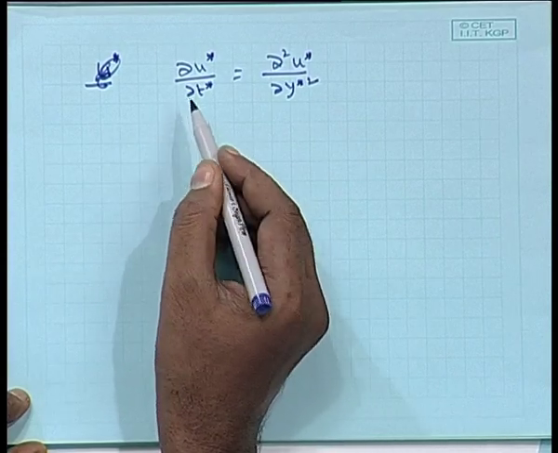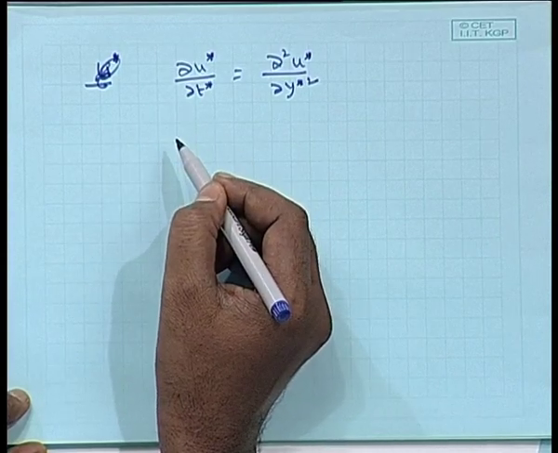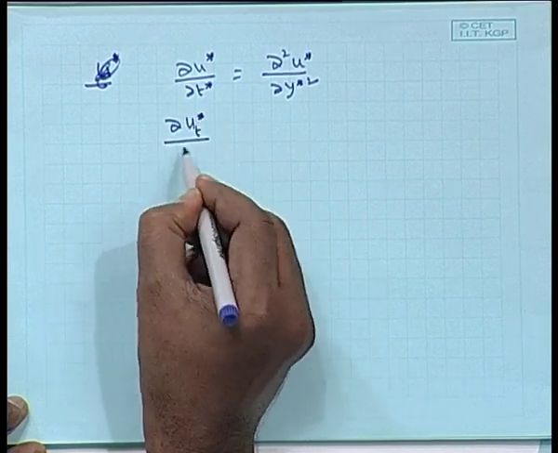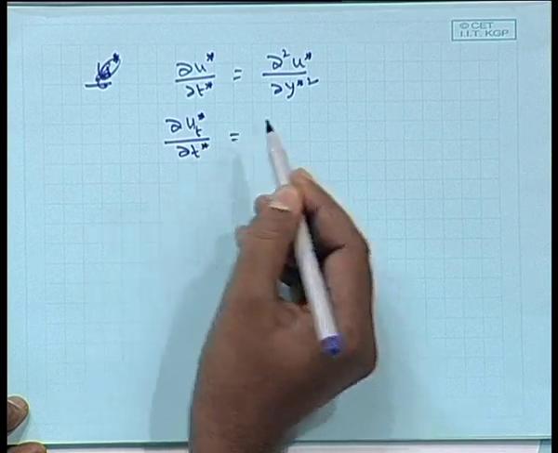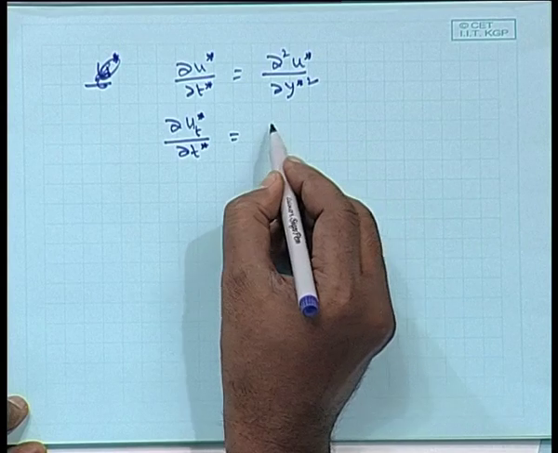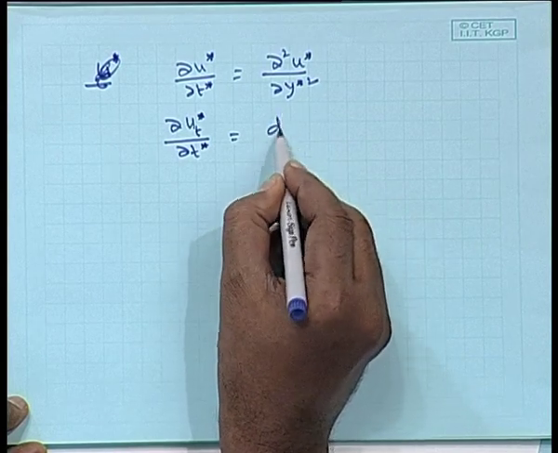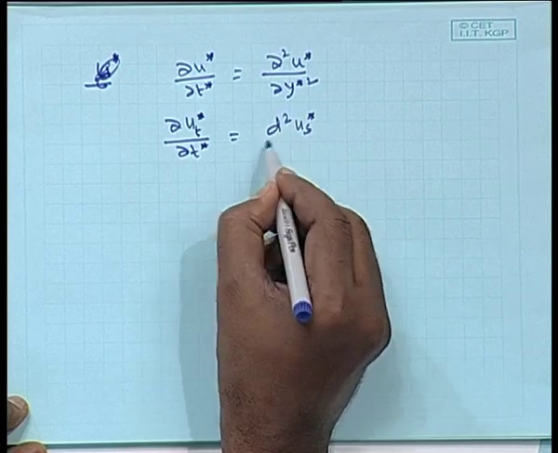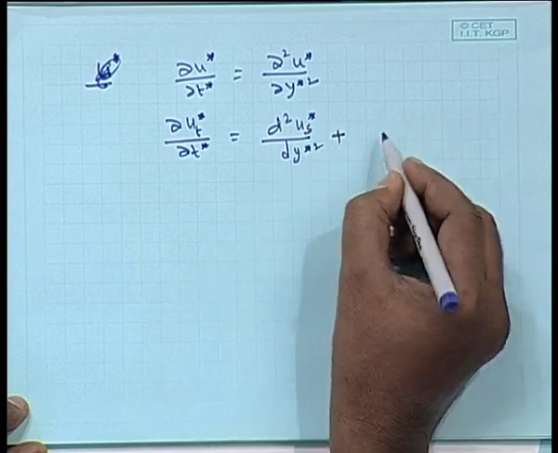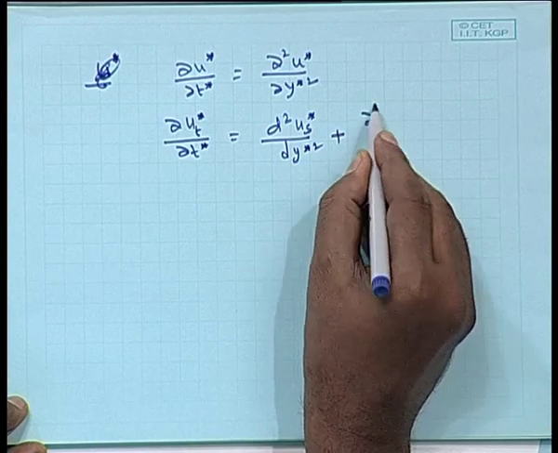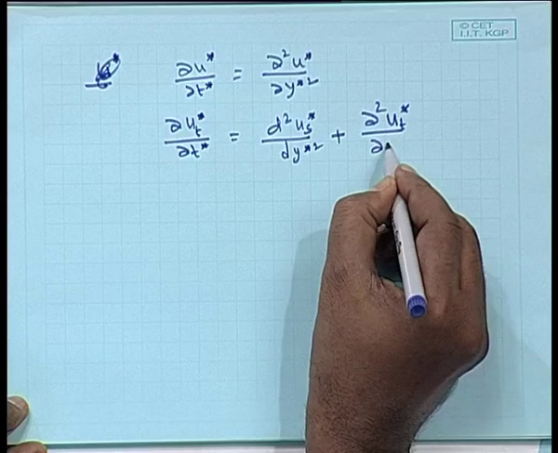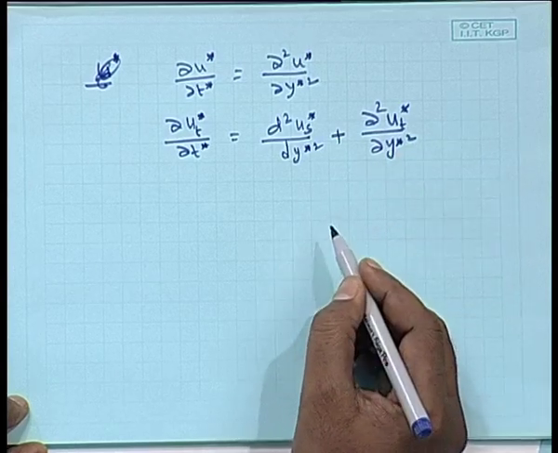So, u s star is a function of y star alone. So, it will not be present in the time derivative. Del u t star del t star is there. And u s star is a function of y star alone, so it will be a total derivative, d square u s star d y star square, plus del square u t star del y star square.